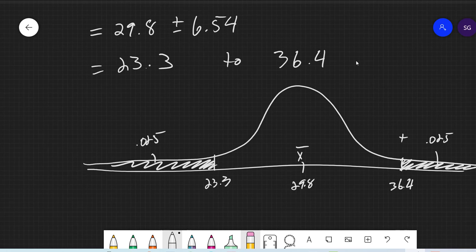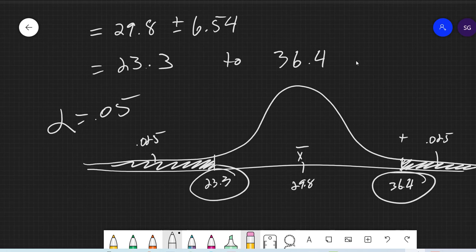And if I add them together, the overall alpha is equal to 0.05. Anything south or left of 23.3 and anything higher than 36.4 is going to be in the alphas. It's going to be in the tails. Hope that helps.